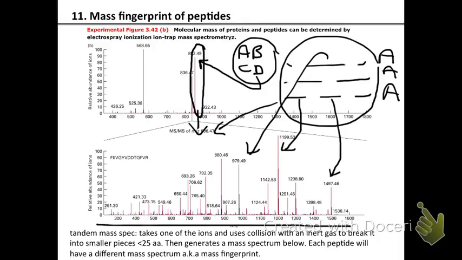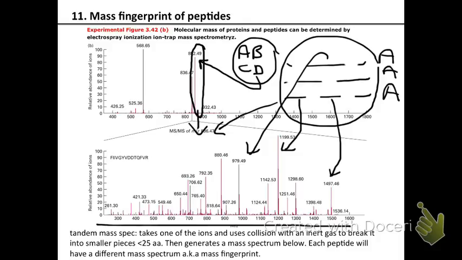Does that make sense? Now, depending on what the amino acid sequence of that protein is, it can only generate a certain population of different peptides, right? So if your protein is a 100 amino acid protein and you know the sequence of that protein, then you can only break it into a certain population of peptides with different sequences.